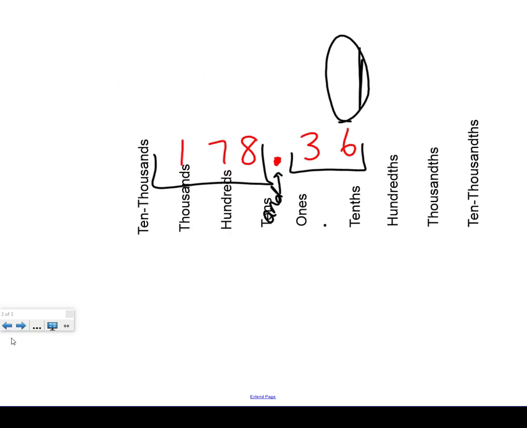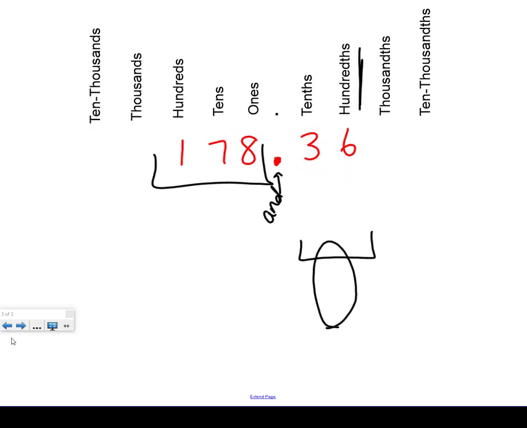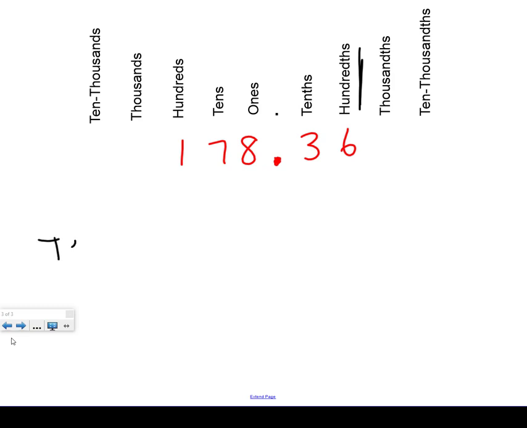Okay, so we're going to practice this. Oops, sorry, I took the wrong thing out of there. We're going to practice this over and over as we go through this, but first for this one, we're going to identify what numbers are in what place values. So for this one, they're going to ask us about the tenths. What number's in the tenths place? Well, because we have this chart, we know that the 3 is in the tenths place.